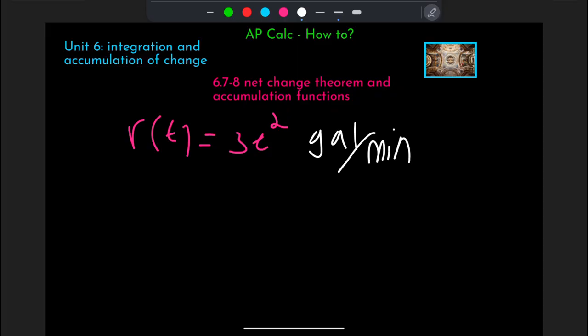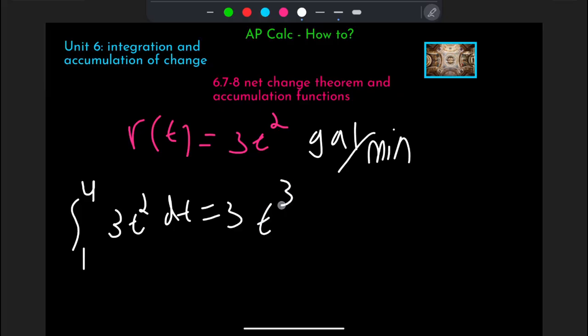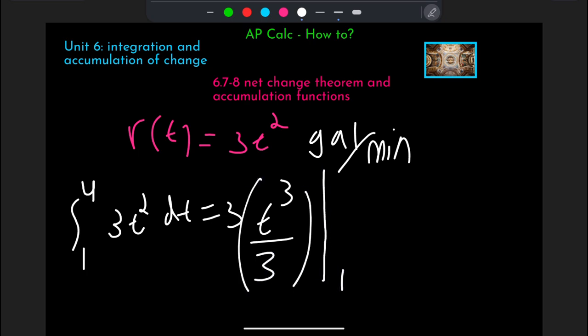So in order to figure this out, say you have the integral from 1 to 4 of 3t squared dt. Pull the 3 out, and then this just becomes 3 times t cubed over 3 evaluated from 1 to 4, which becomes 63.